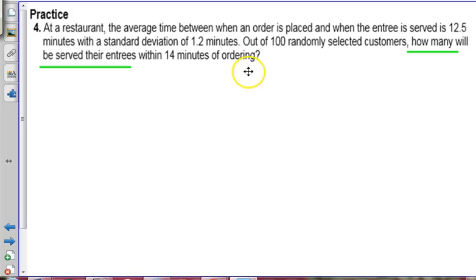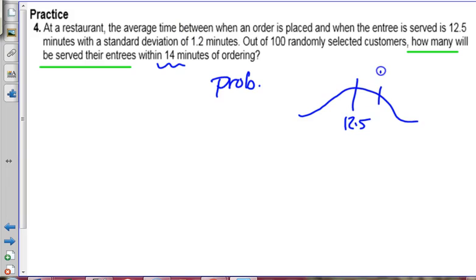So first of all, let's find the probability, okay, that they're served within 14 minutes. If we did this, 12.5 would be in the middle. One standard deviation up would be 13.7. We added 1.2.